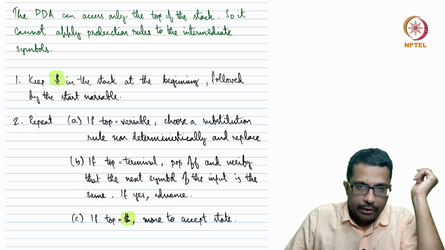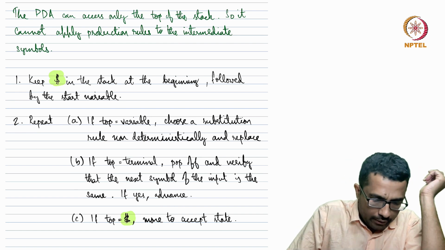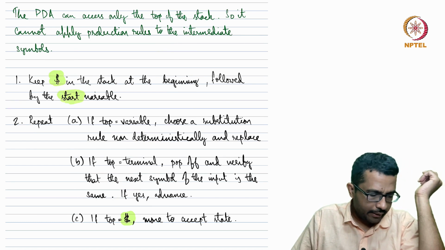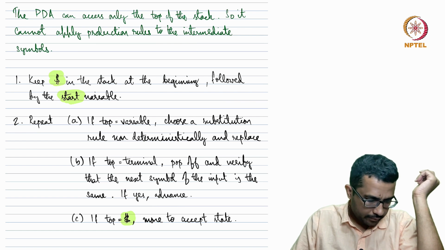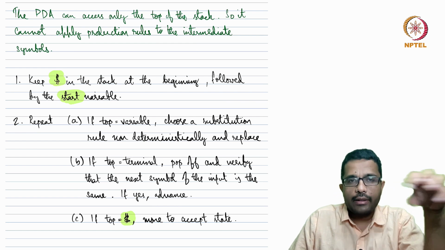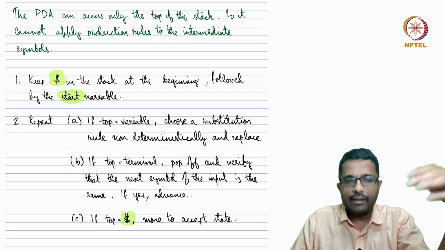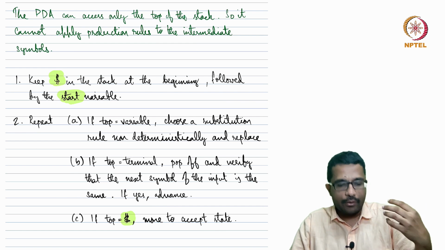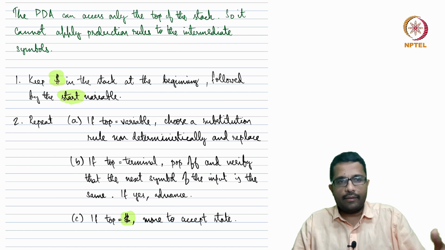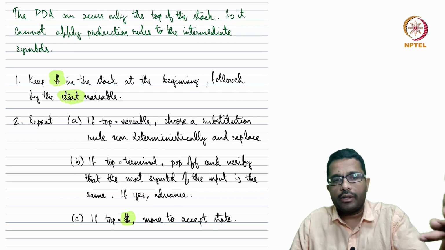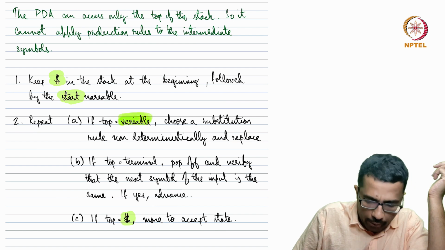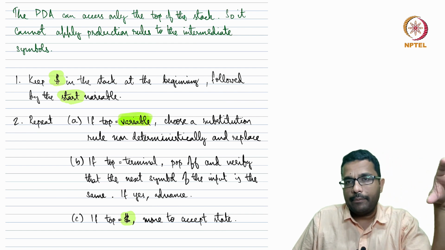Initially you put a $, followed by the start variable. That's something I missed saying. So the first thing that you have to do is replace the start variable using some derivation rule, and then you just keep seeing what is on the top. If the top is a variable, you replace it with some substitution rule.